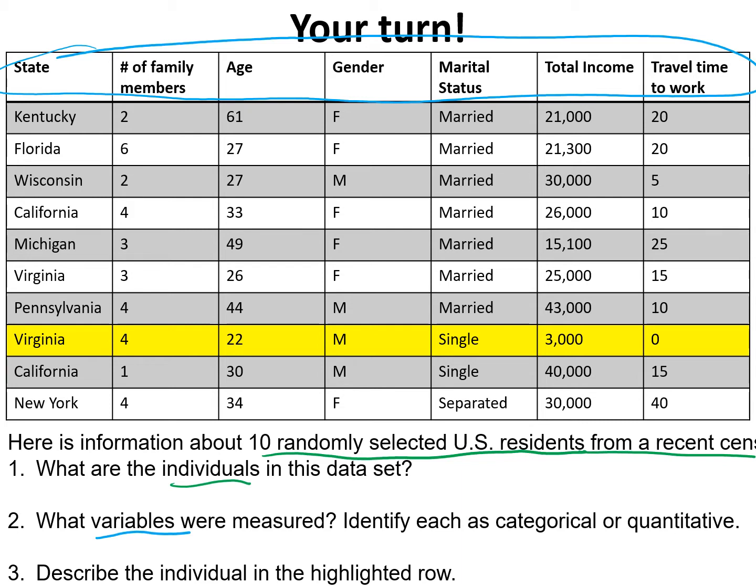Identify each as categorical or quantitative. State is categorical, number of family members is quantitative, age is quantitative, gender is categorical, marital status is categorical, total income is quantitative, time to work is quantitative. Describe the individual in the highlighted row. This individual is from Virginia with 4 family members, age 22, male, single, total income of $3,000 per year, and travel time to work is 0.